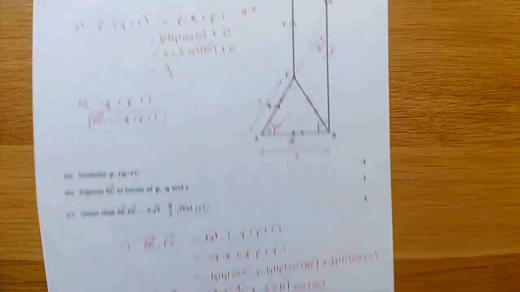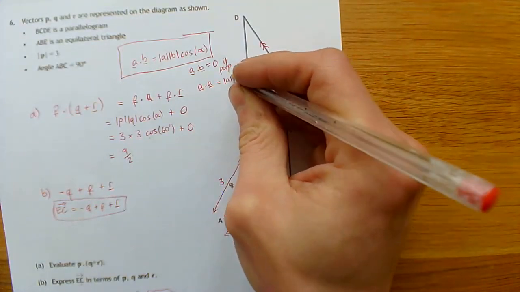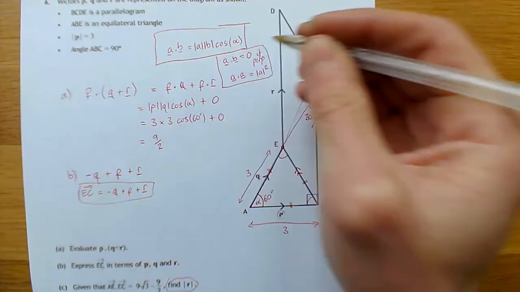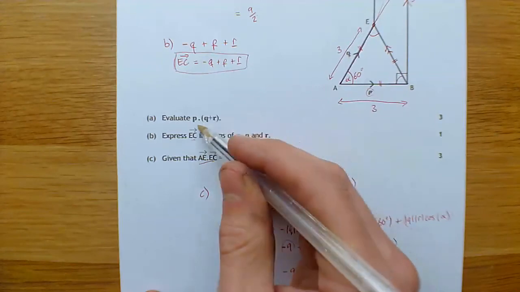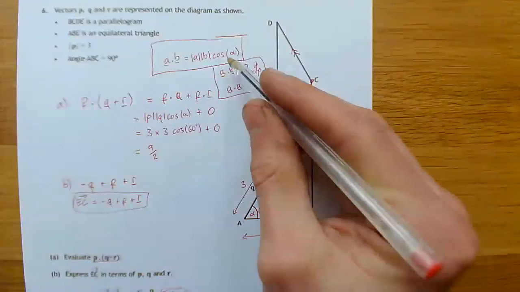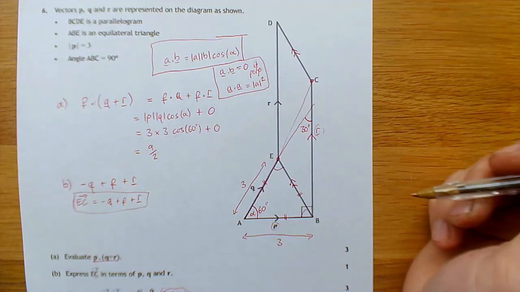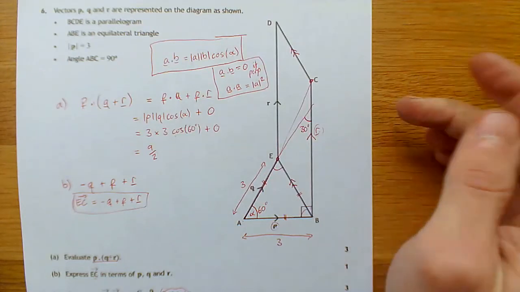If we dot something with itself like we did down here with Q, that is just the length of a squared. So if you get a question involving dot products, these 3 things are the only tools you have to go on. You're trying to use one of these 3 every time.